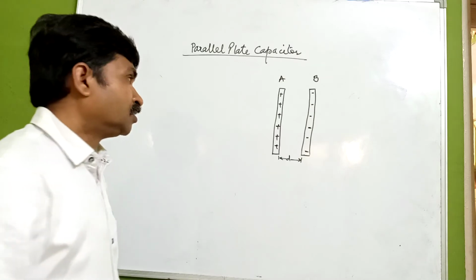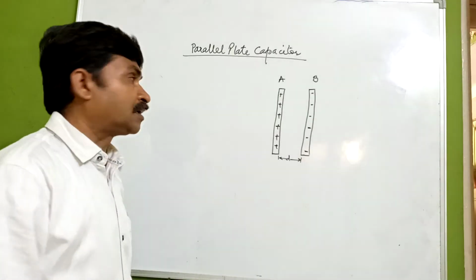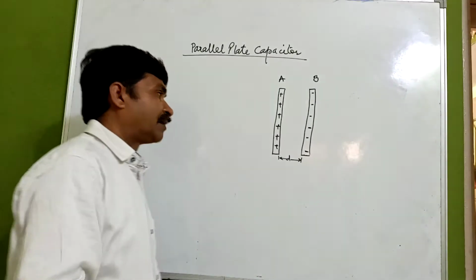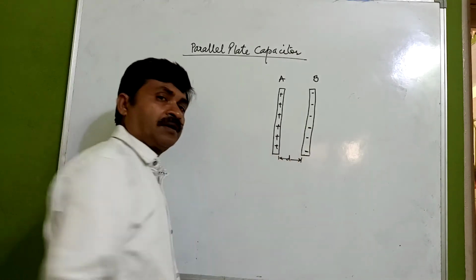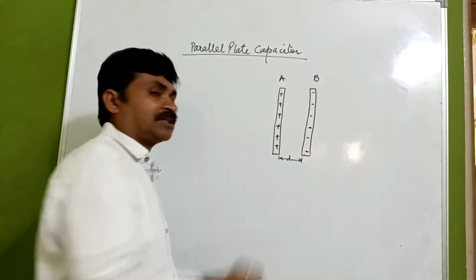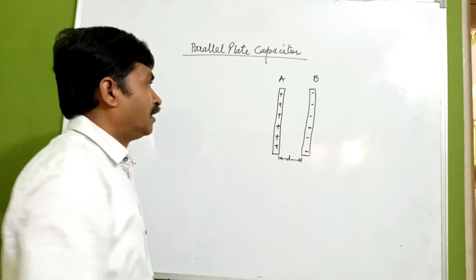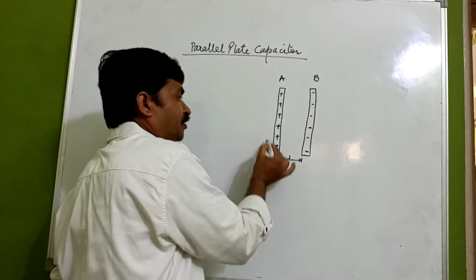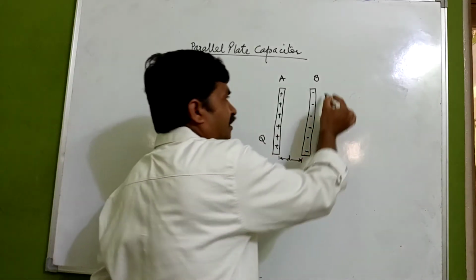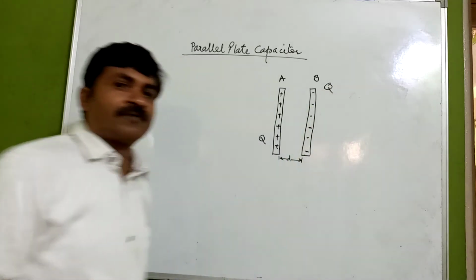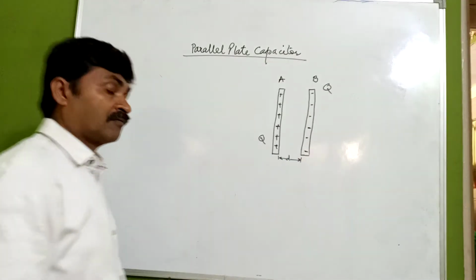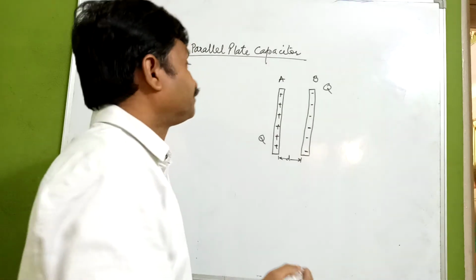Now in previous lectures we talked about the electric field, where we considered plates. One plate is given a positive charge and another is given a negative charge. So what will be the electric field, that we'll see.